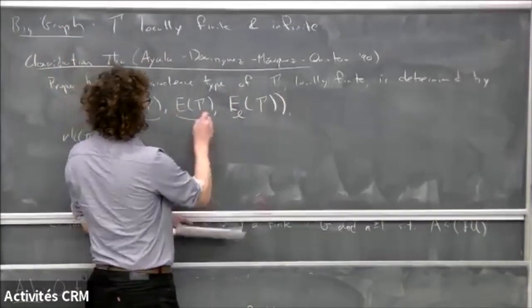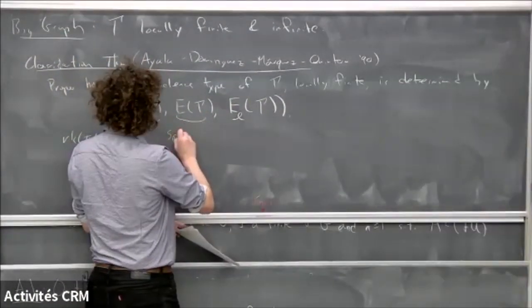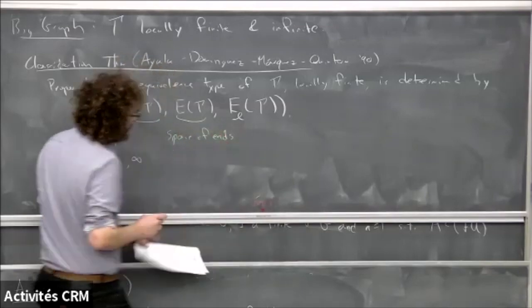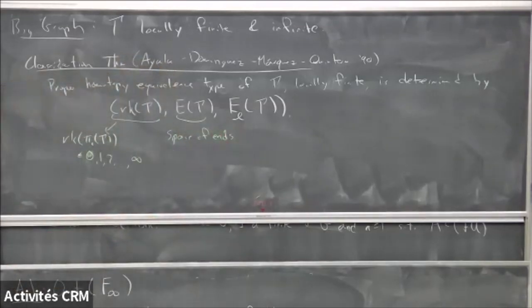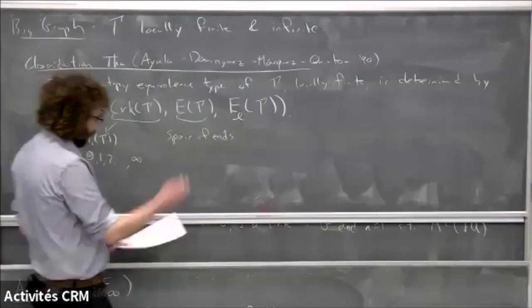This is the space of ends. So it really is all the ways to go to infinity in your graph. It is defined in the usual way you can define ends, but really you can just think of it as: what are the different ways to go to infinity? Well, in this one there's only one. Over here, there's four. Over here, now you can branch. Imagine this tree goes forever. So it's something a lot more complicated, and in fact it will look like the Cantor set. So this is actually a topological space.